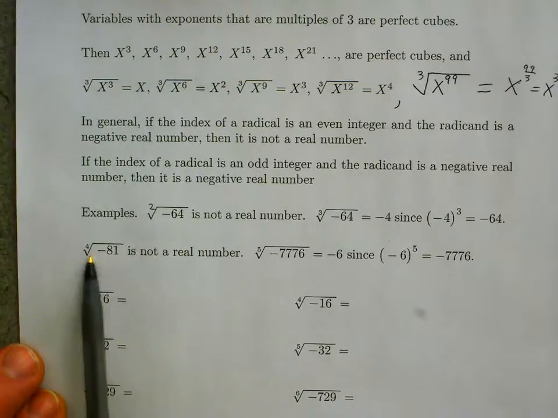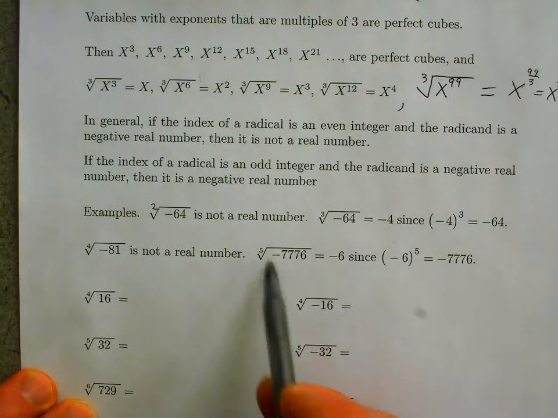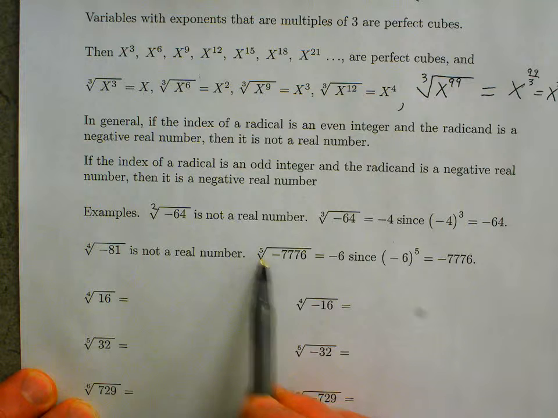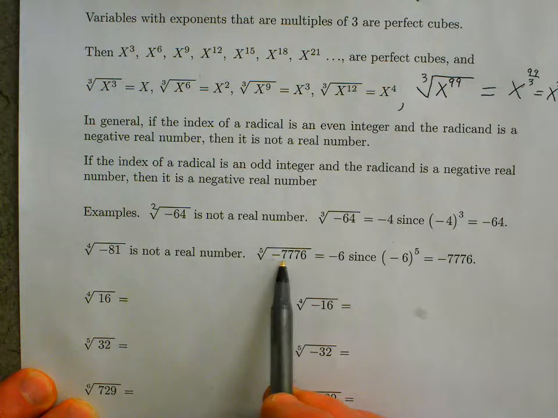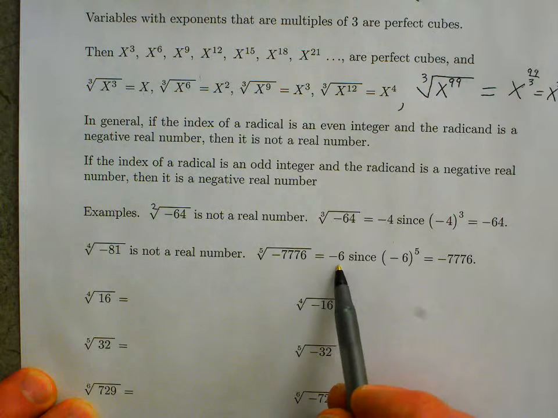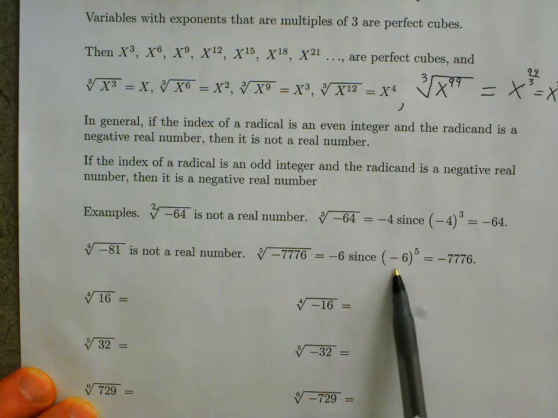Okay, along the same lines, the fourth root of negative 81 is not a real number because the index is even. The fifth root, this time the index is odd. The fifth root of negative 7,776 is equal to negative 6. And that's related to this.